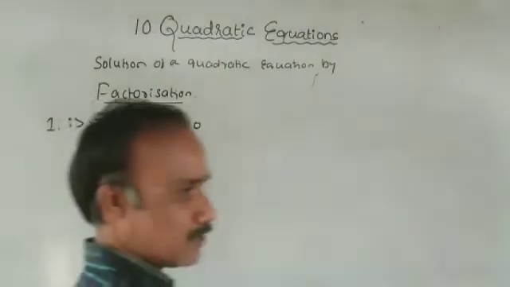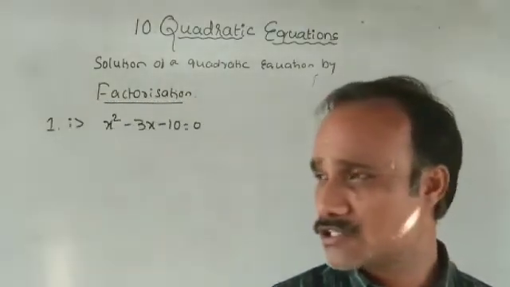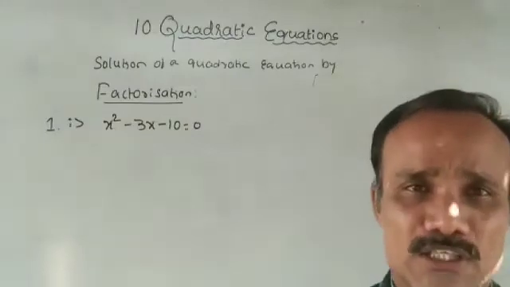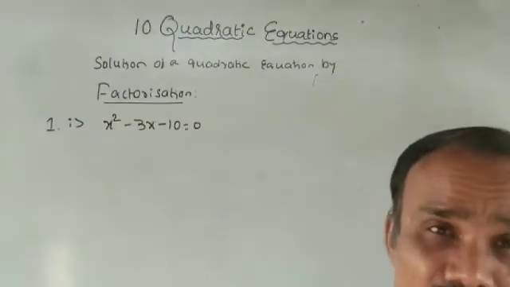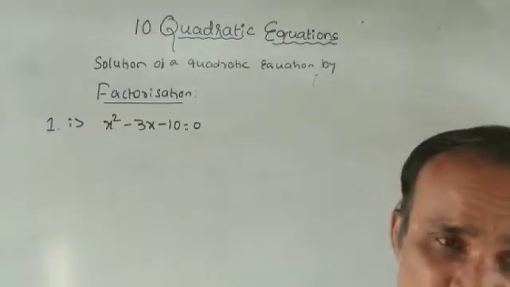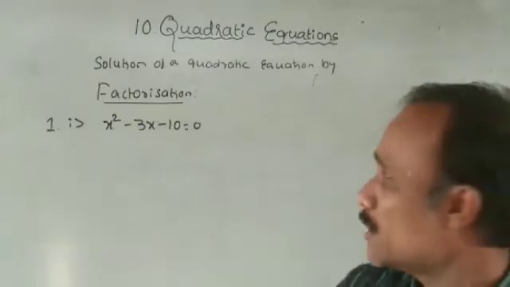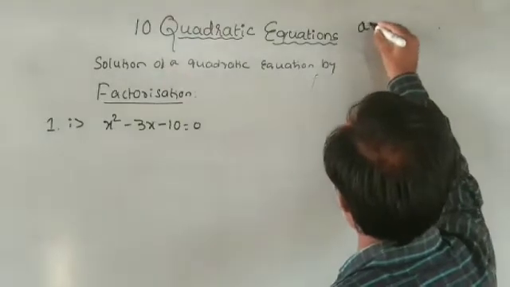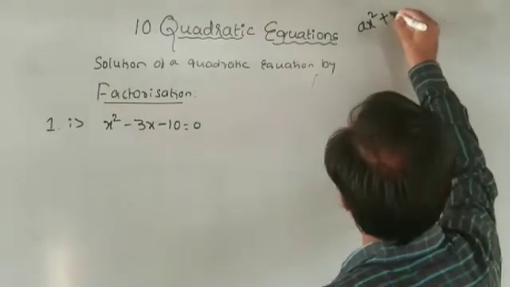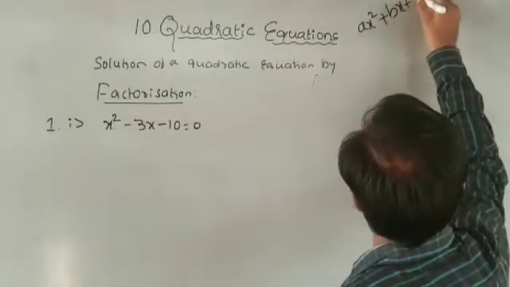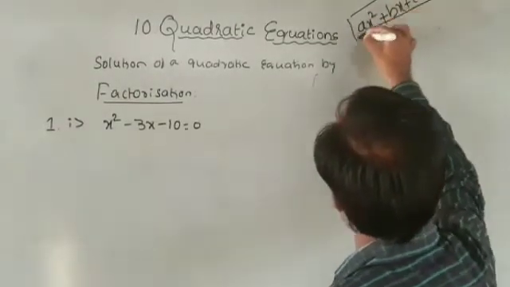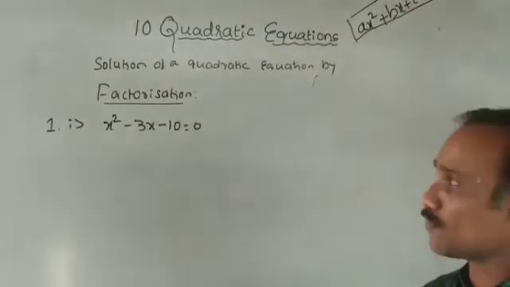Listen carefully. Before starting the solution, first you have to observe whether the given equation is in the standard form of a quadratic equation, ax square plus bx plus c is equal to 0. This is very important. I told you, please don't forget this standard form.